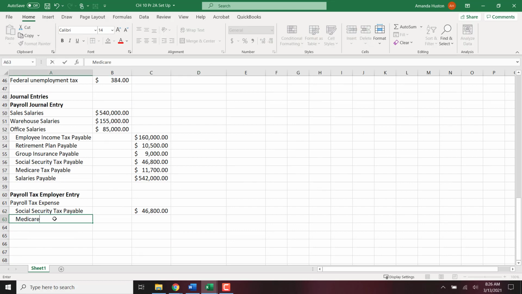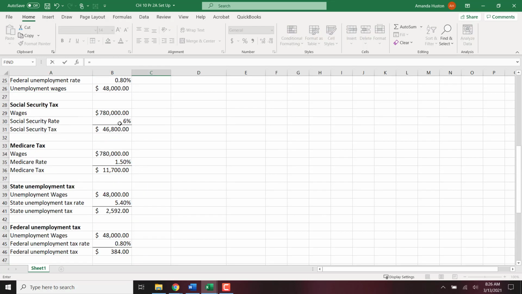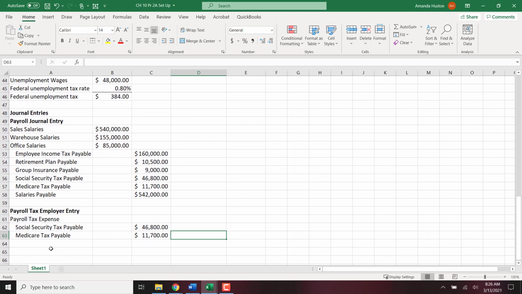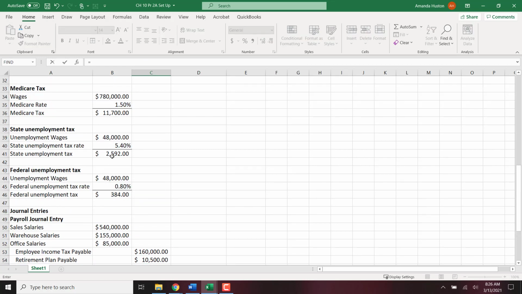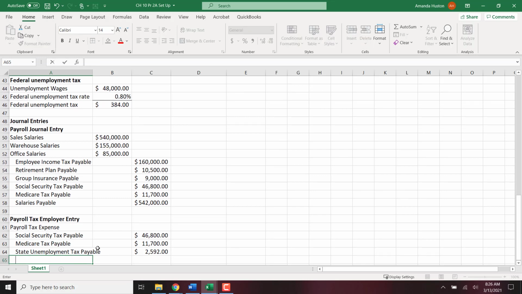Medicare tax payable. Then we have state unemployment tax payable, which we calculated as $2,592. And then we have federal unemployment tax payable, which we calculated as $384.